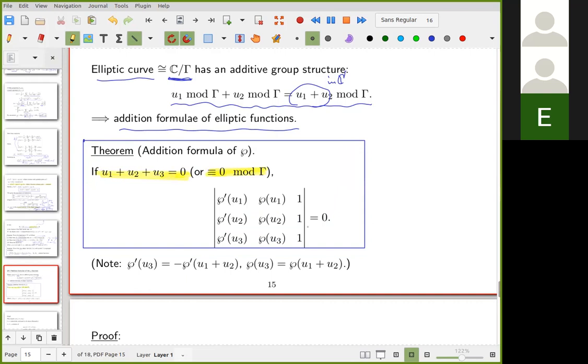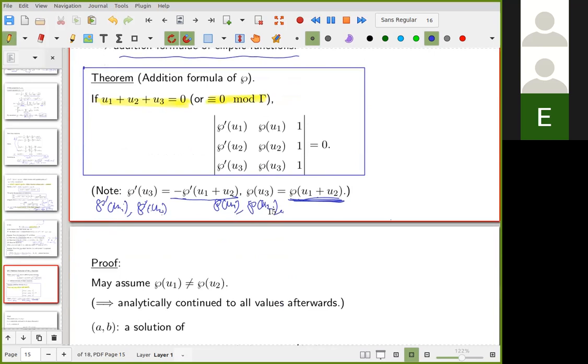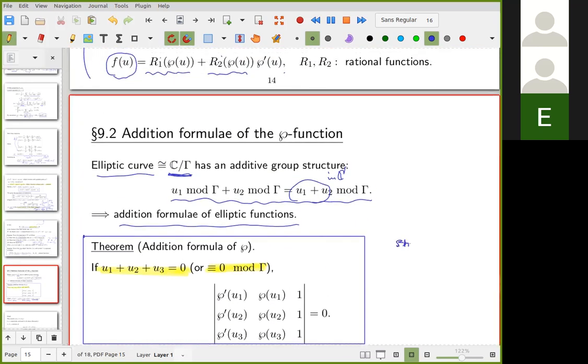Then this determinant vanishes. This gives a relation between P of U1, P of U2, and P of U3, which is equal to P of U1 plus U2, and also P prime of U1, P prime of U2, and this quantity. So we call that examples.